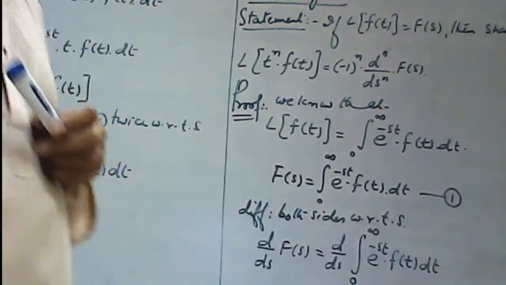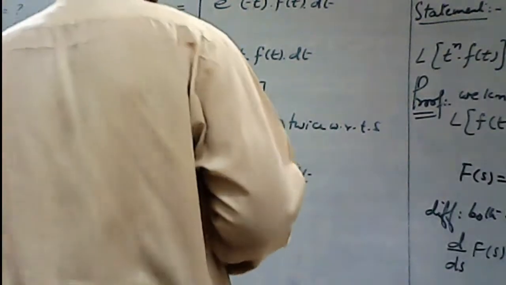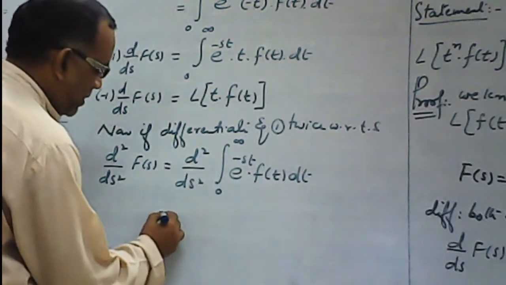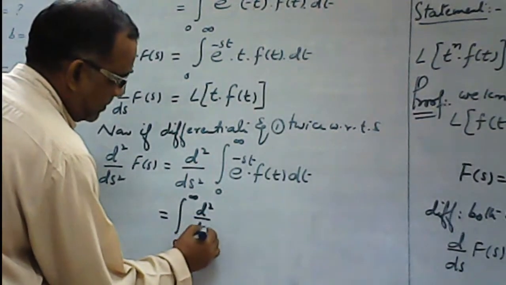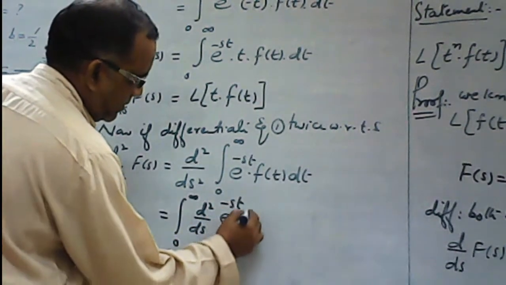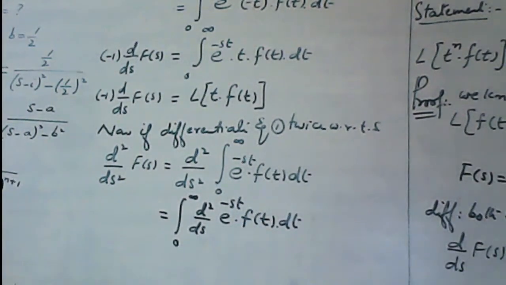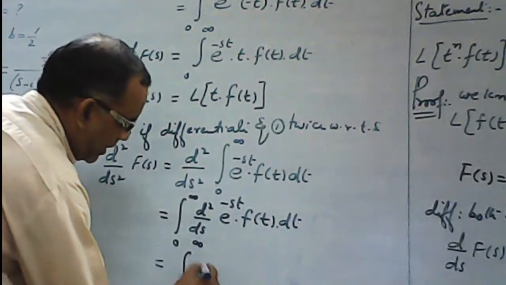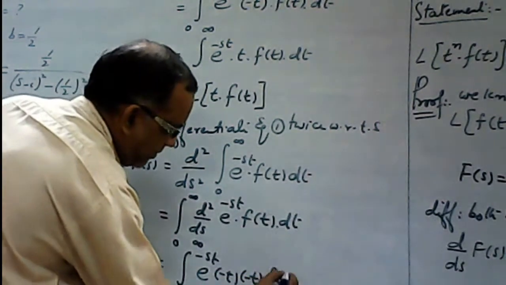Instead of differentiating once, I differentiated equation 1 twice, again changing the order of derivative and integration. Now if I differentiate e power minus st twice with respect to s, then I will have e power minus st, minus t, minus t, f of t dt.